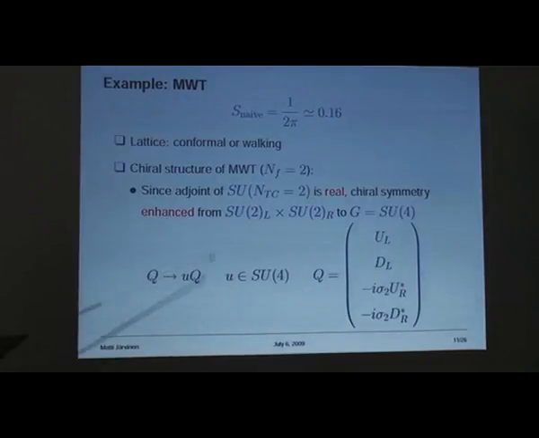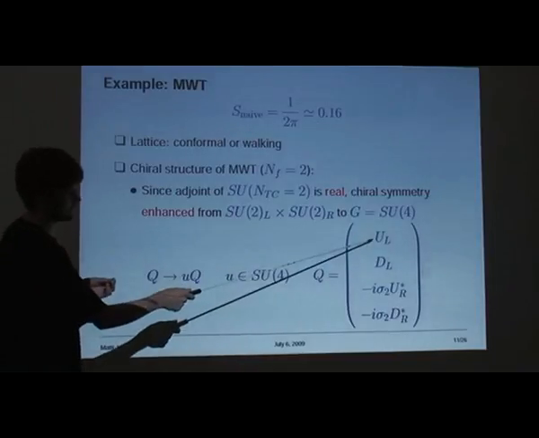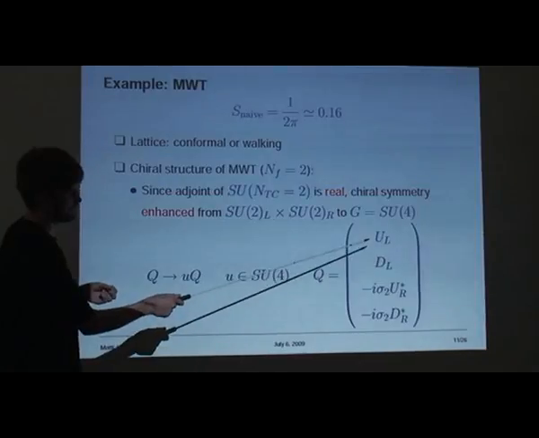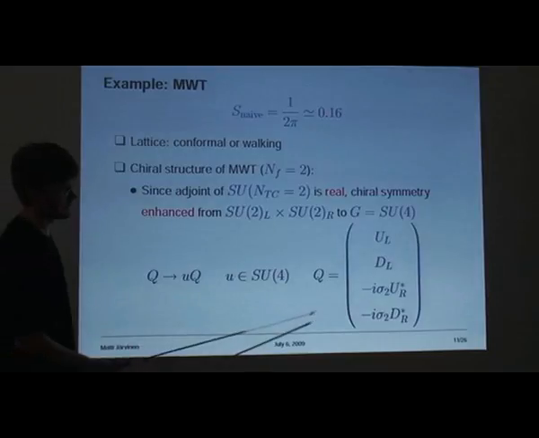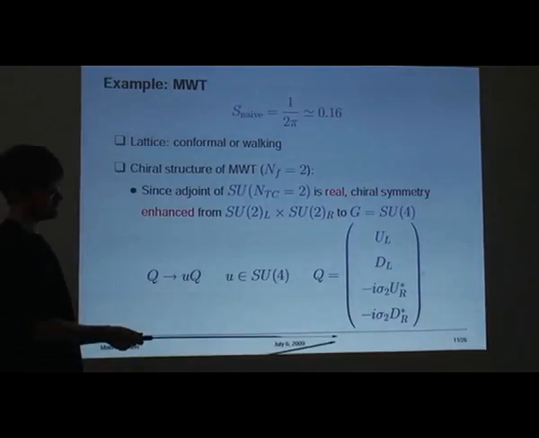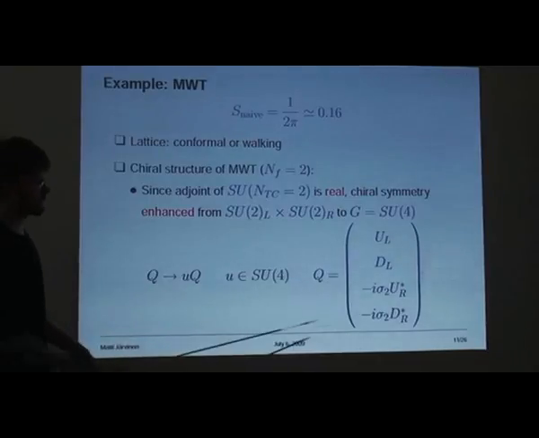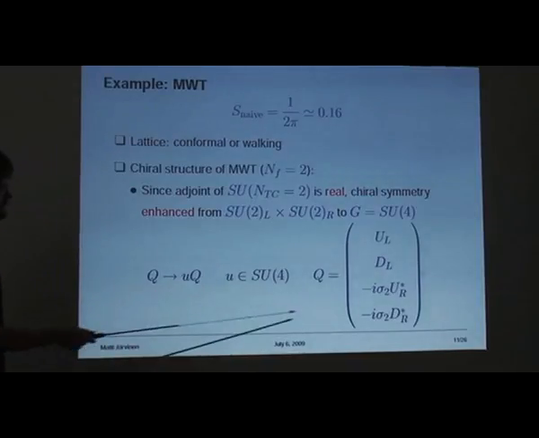But in fact, because the representation of the technicolor gauge group is real, you can arrange the four Weyl technIquarks, which are actually Weyl spinors, in such an array, which have the same Lorentz and technicolor transformation, so all the components have the same transformation.